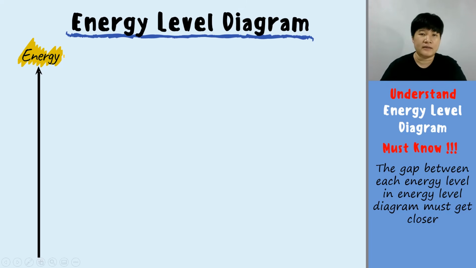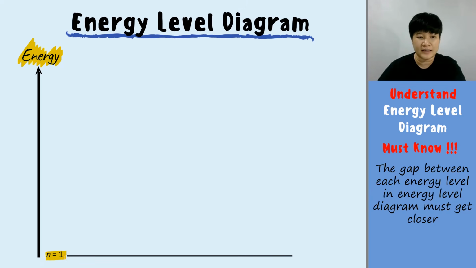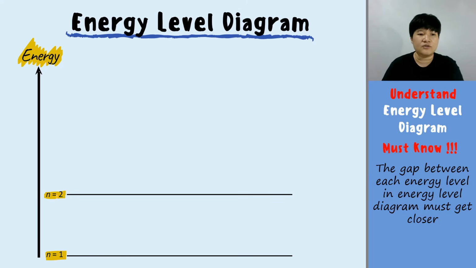No matter what, whether we are using it or not, your energy level diagram must always start with n equals 1. Whenever you want to draw your energy level diagram, you must always start with n equals 1 and then just a straight line. Then you have your n equals 2 following up there, and then your n equals 3 up there.